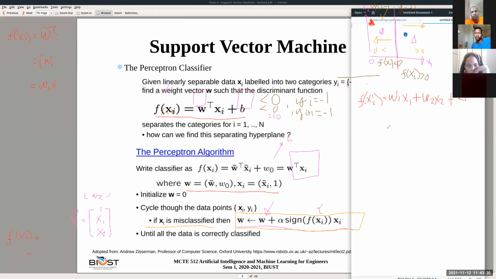So you have w1, w2, and then w0, and you multiply it with x, which is x1, x2, and you must have 1 at the end, so that when you multiply, it will be w1 x1 plus w2 x2 plus w0 times 1, where your w0 is your b.